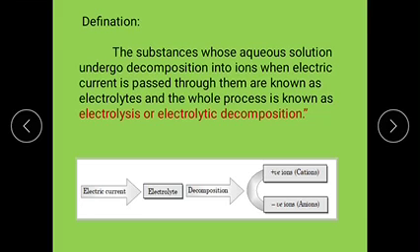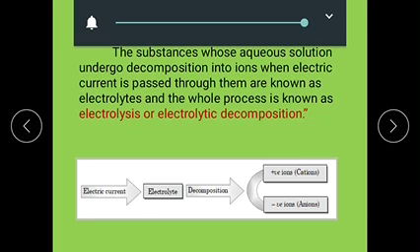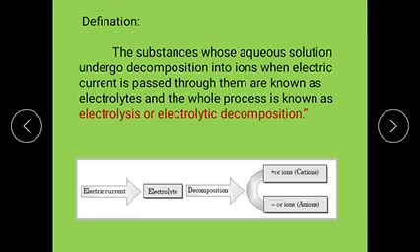The substances whose aqueous solution undergoes decomposition into ions when electric current is passed through them are known as electrolytes, and the whole process is known as electrolysis or electrolytic decomposition.